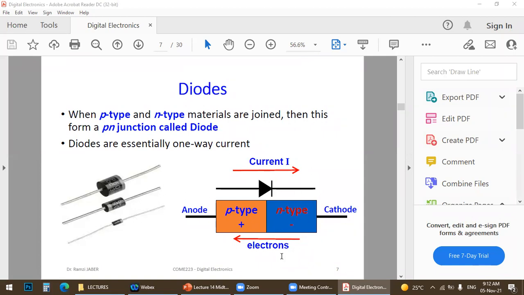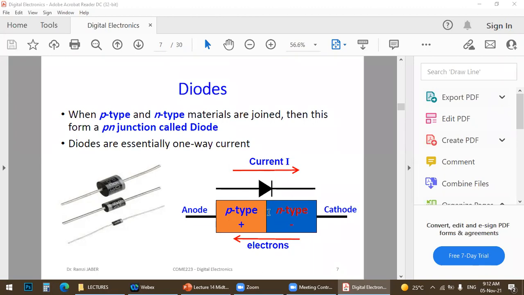The anode will be high voltage and the cathode low voltage to let this diode work. Diodes are essentially one-way current, and cannot work in reverse mode. If you have low voltage on the anode and high voltage on the cathode, this diode will be off.